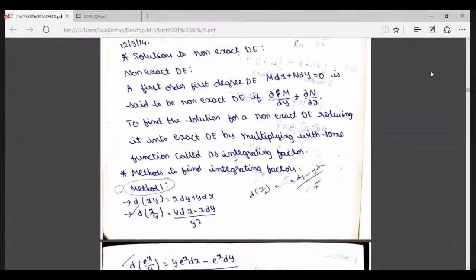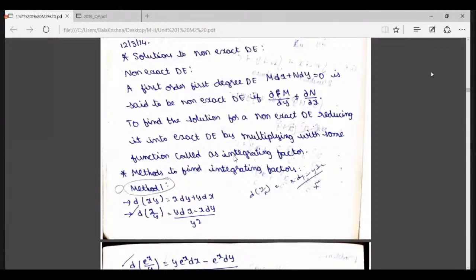Okay. Now, non-exact. When you say non-exact, if dou m by dou y is not equal to dou n by dou x, then we say that it is non-exact. To find the solutions for non-exact differential equations, there is no particular procedure. The only thing is you have to reduce that non-exact into exact format.